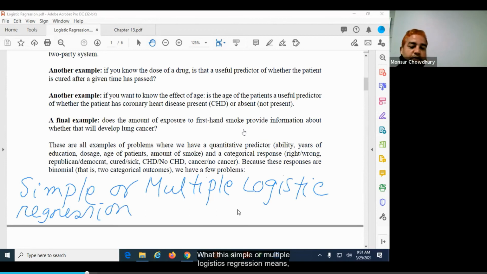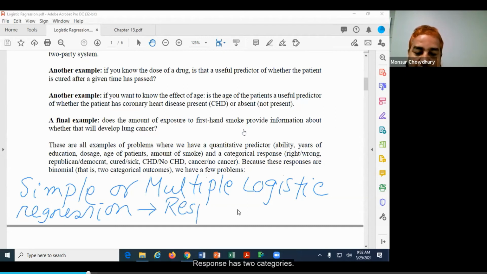Simple or multiple logistic regression means our response variable has only two categories.